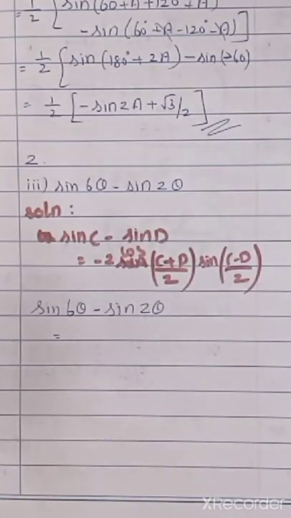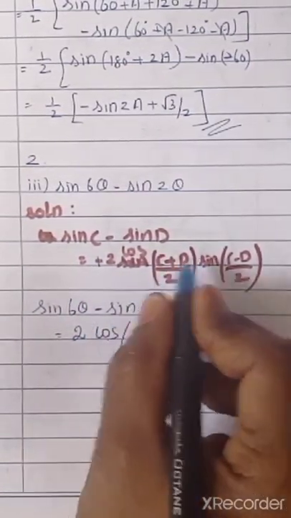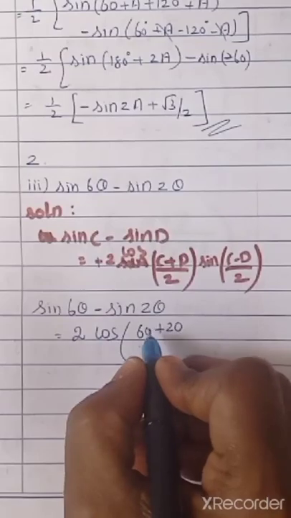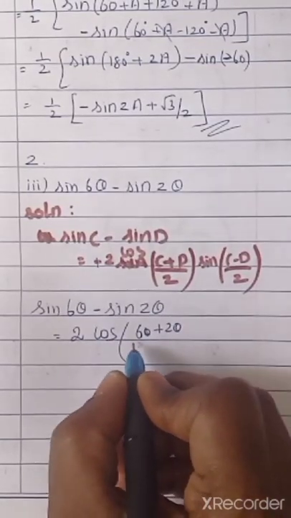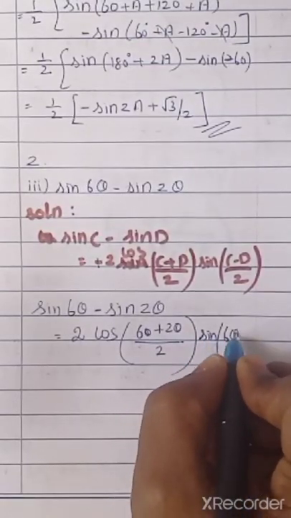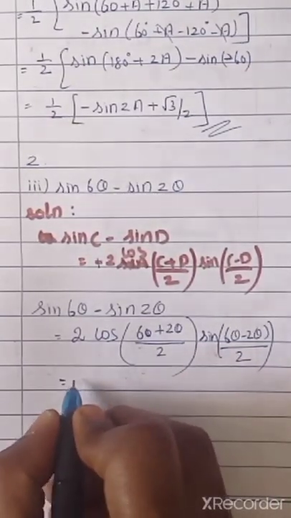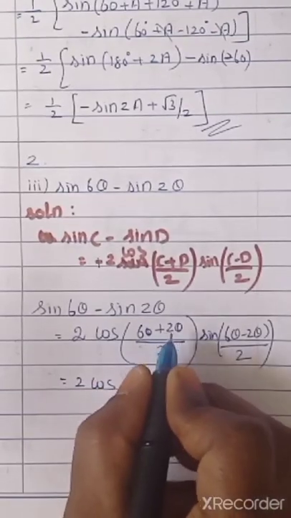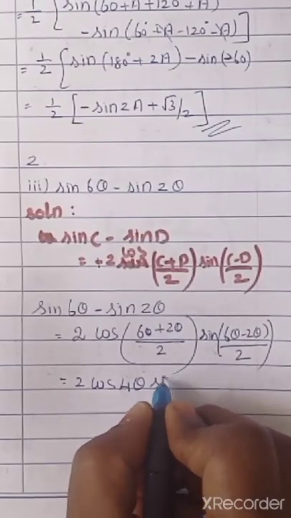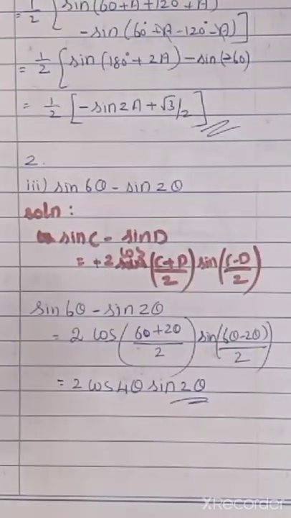So we can write it as 2 cos((6 theta plus 2 theta) divided by 2) sin((6 theta minus 2 theta) divided by 2), which is equal to 2 cos of 8 by 2, which is 4 theta, sin of 4 by 2, which is 2 theta. So 2 cos 4 theta sin 2 theta is your final answer.